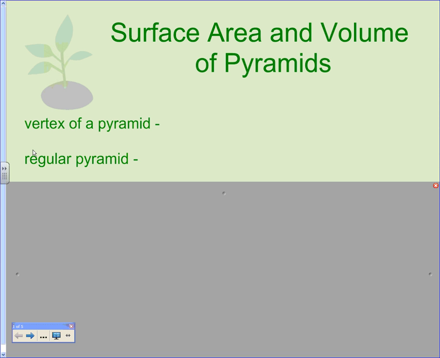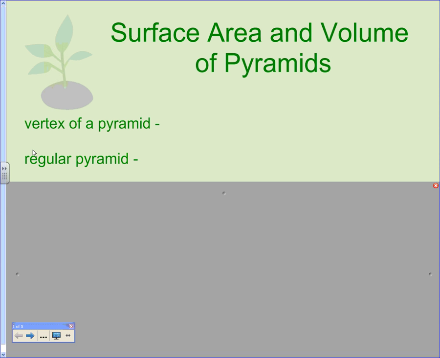We're usually going to look at regular pyramids because they're a lot easier. You can do other ones, but what they're mainly going to give you are regular, okay? So it's a pyramid that has a regular polygon as the base.